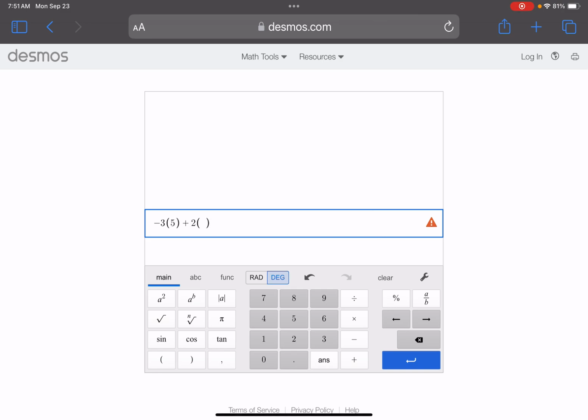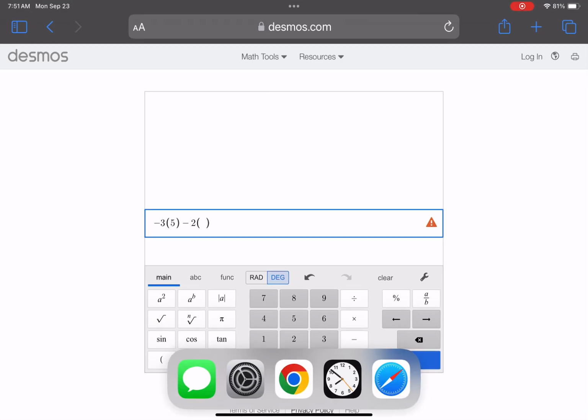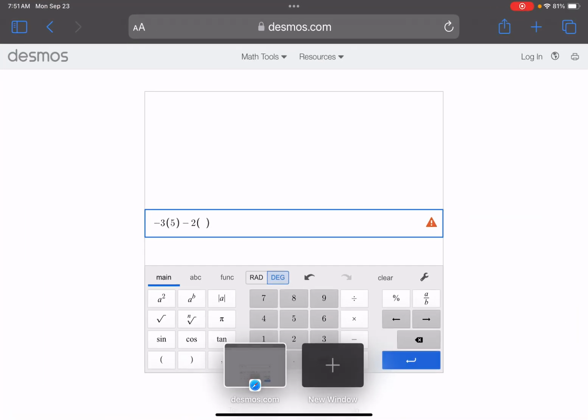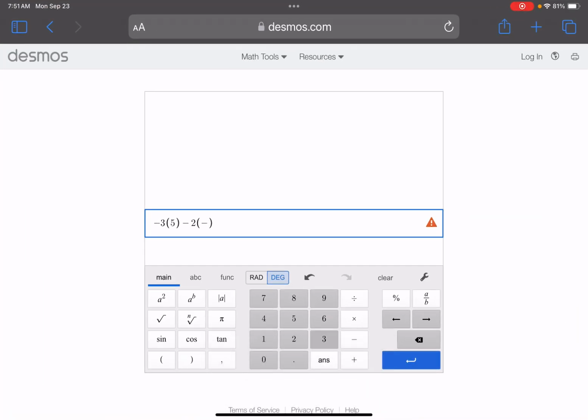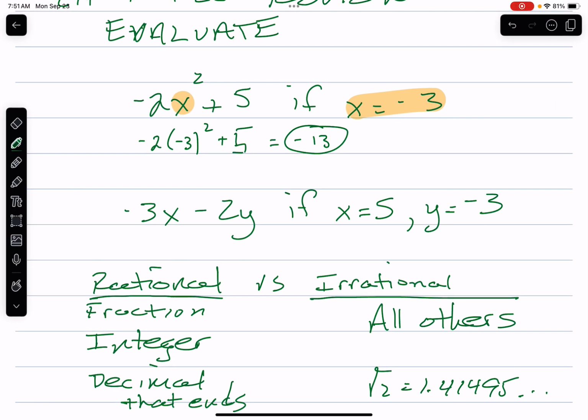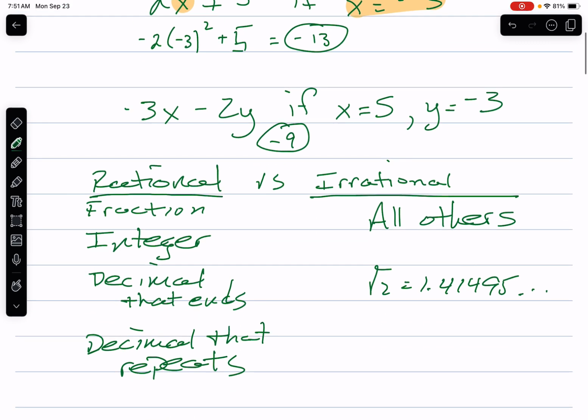That should be a negative right there, so I'm going to change that to a minus. And the answer is -9. Okay, so if you use parentheses around there, you will find out that you tend to get the answer correct more often.